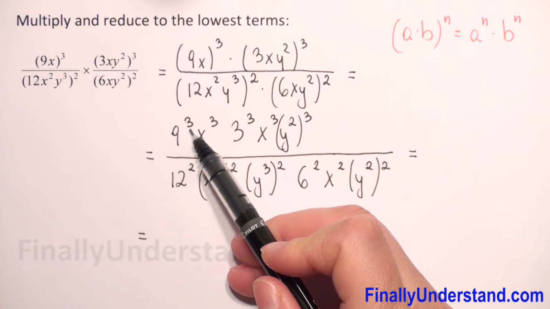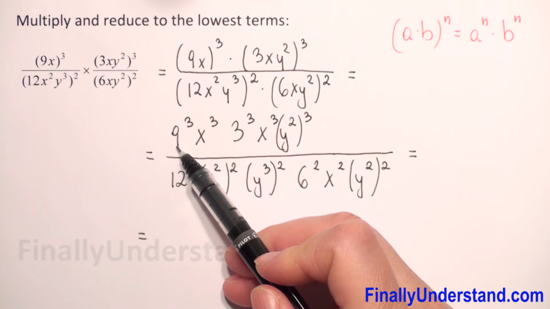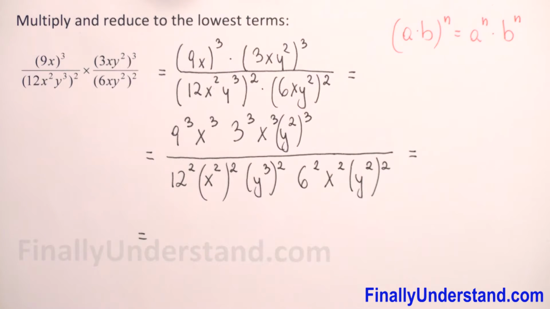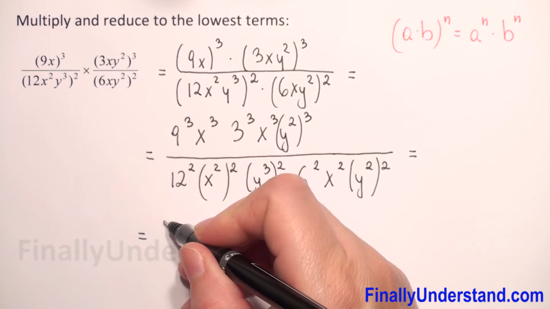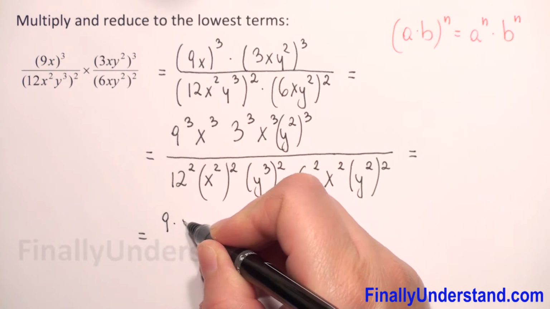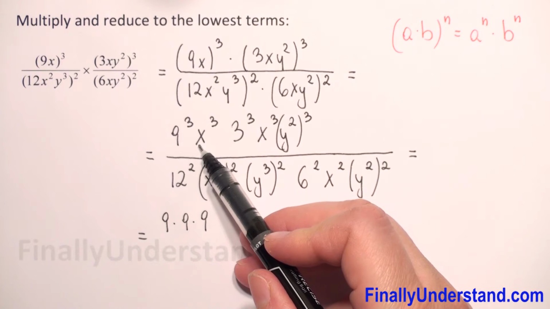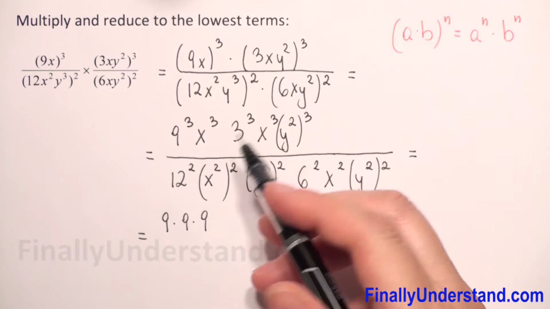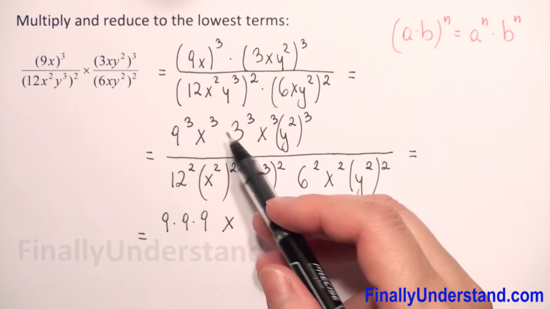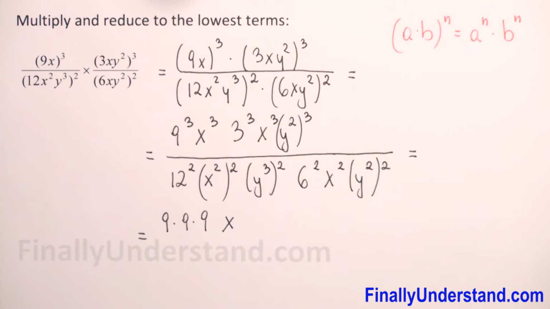So this is equal. Next we have 9 to third power. This is 9 times 9 times 9. Let me rewrite this, because maybe we can reduce something with the denominator. So I will put 9 times 9 times 9. And next, first I will put variable x. We have x to third power and x to third power. So we copy the base and we have to add exponents.